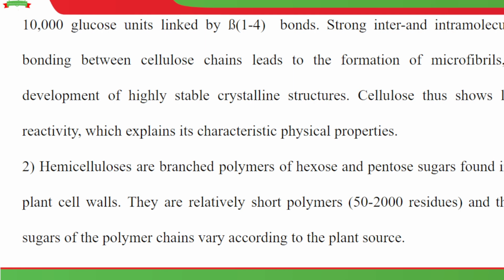So cellulose is up to about 10,000 glucose units linked by beta-1,4 glycosidic bonding. There is strong inter and intra hydrogen bonding between the cellulose chains that leads to the formation of microfibrils, small fibril-like structures, more like threads formed together.